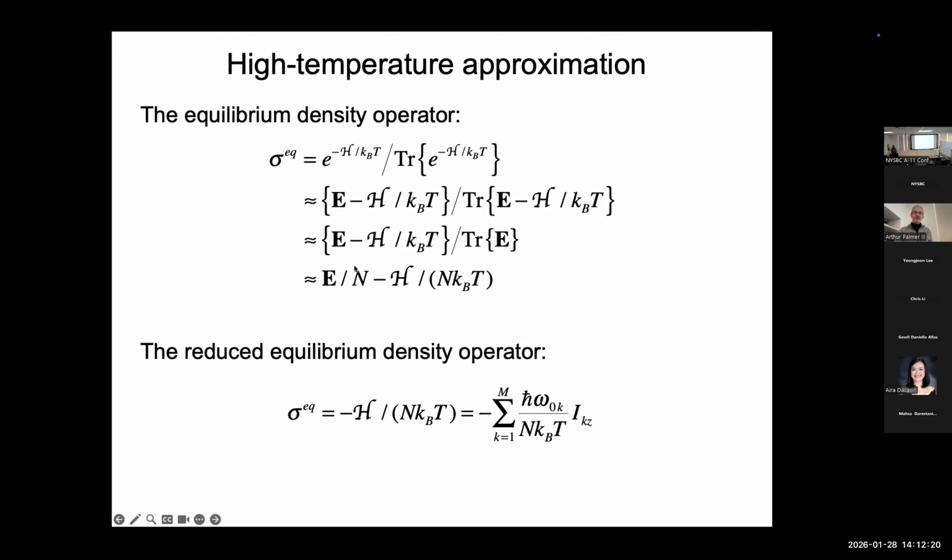So here's what we get. There's the part that says the populations are almost equally populated, and then the deviations from equal population. The part that's proportional to the identity operator doesn't have any effects in NMR.